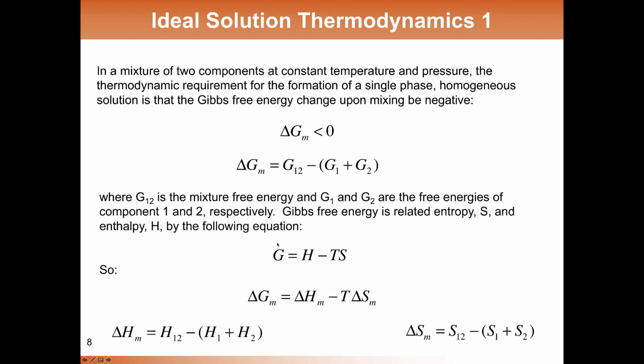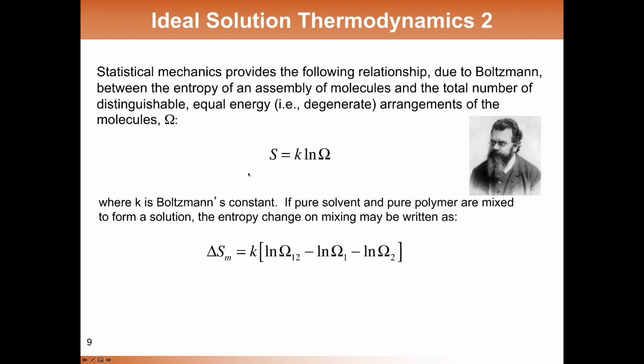The Gibbs free energy is related to enthalpy H and entropy S by the expression shown in the middle of this slide. And so the change in Gibbs free energy is equal to the change in enthalpy minus the absolute temperature times the delta S of mixing, where the delta S of mixing and the change in enthalpy upon mixing are defined in exactly the same way as the delta G of mixing.